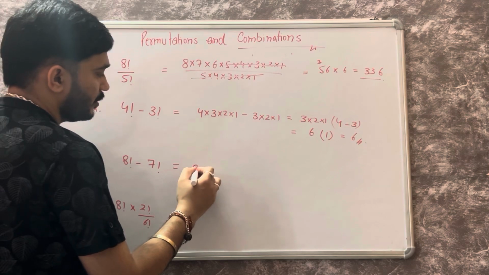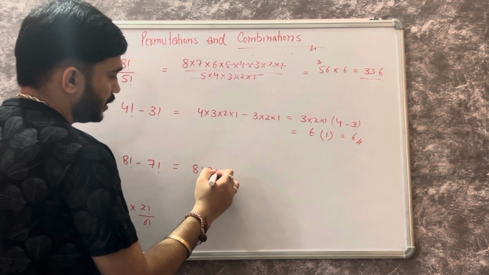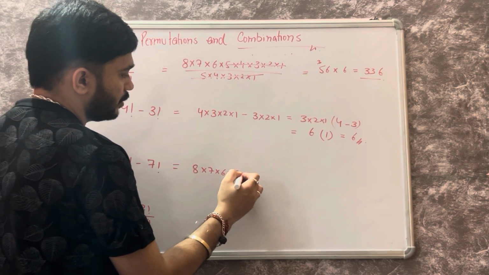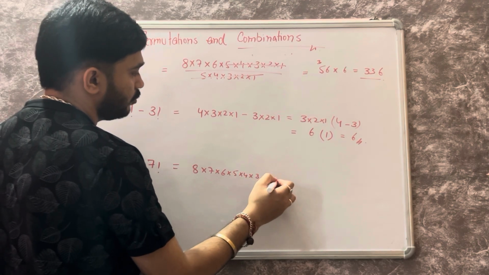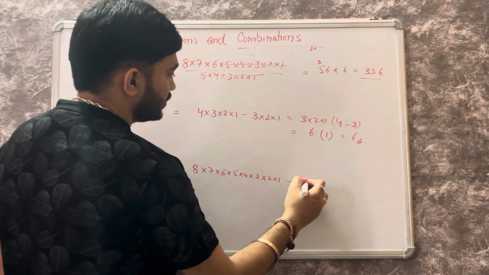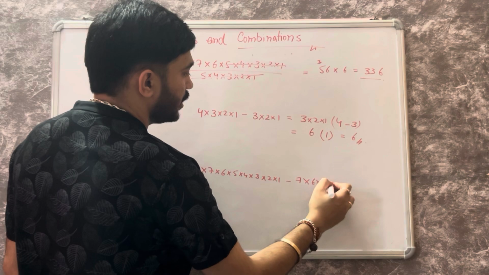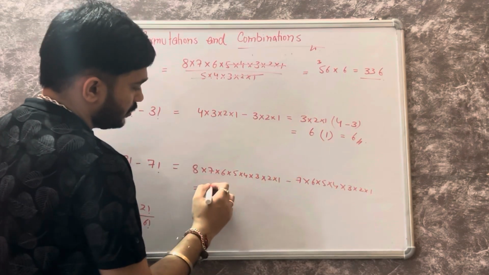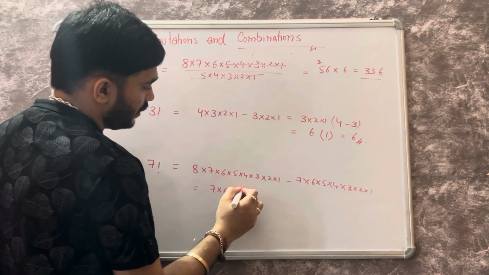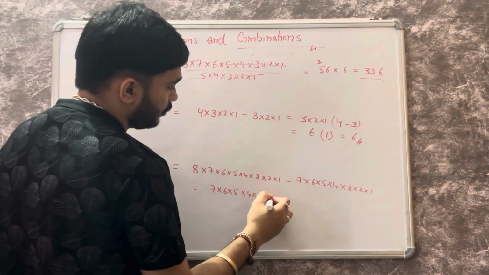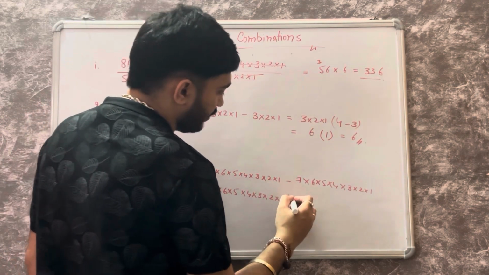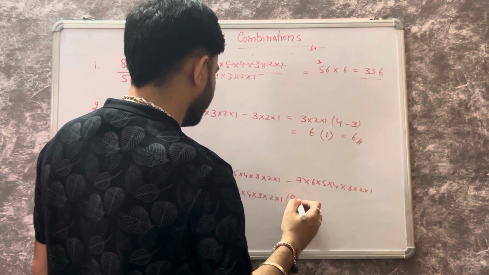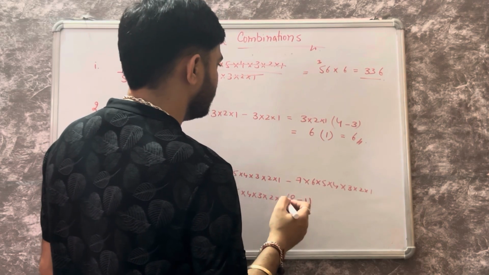That is, you can write 8 multiplied by 7 multiplied by 6 multiplied by 5 multiplied by 4 multiplied by 3 multiplied by 2 multiplied by 1 minus 7 multiplied by 6 multiplied by 5 multiplied by 4 multiplied by 3 multiplied by 2 multiplied by 1. You can take 7 into 6 into 5 into 4 into 3 into 2 into 1 as common, and you are left with 8 minus 1.